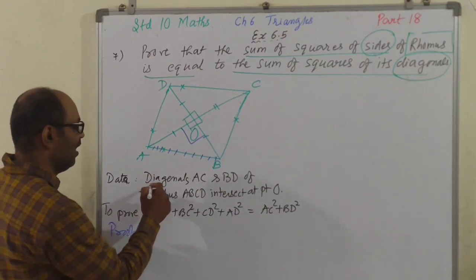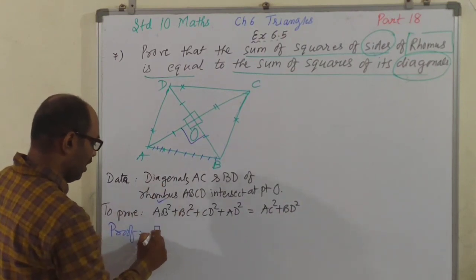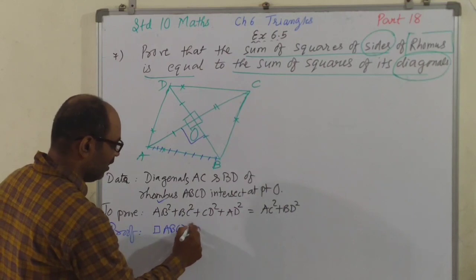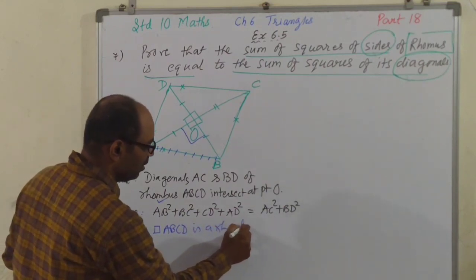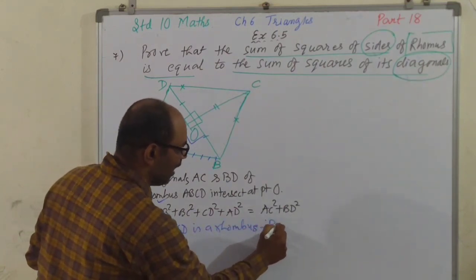So first we will write that quadrilateral ABCD is a rhombus by data.